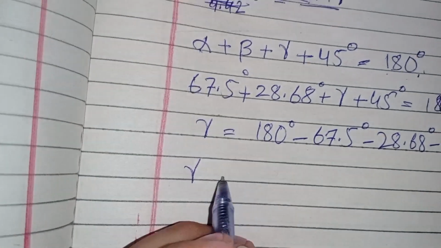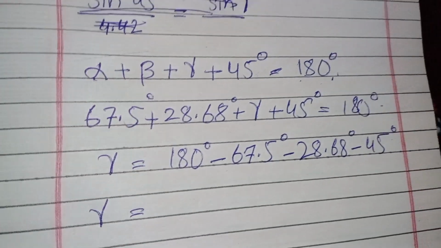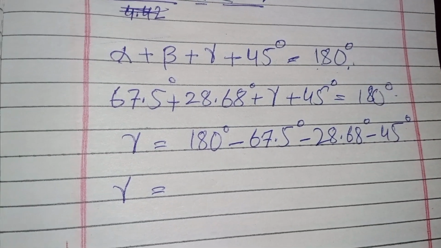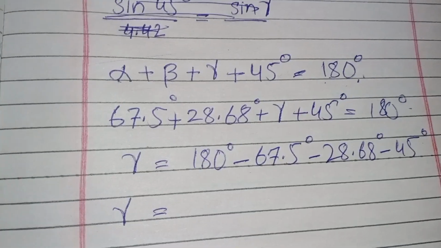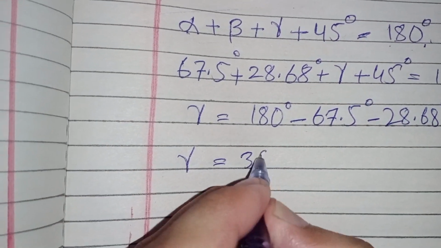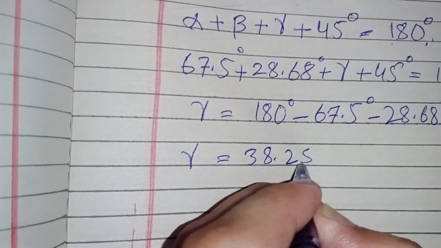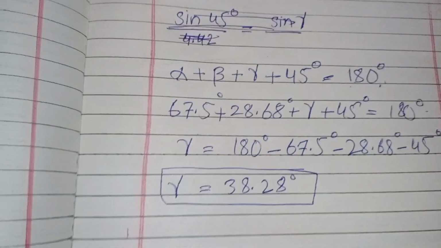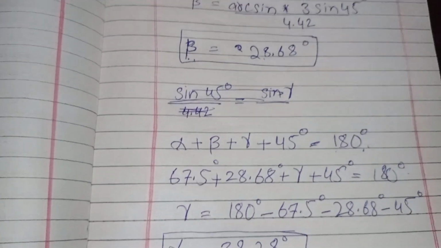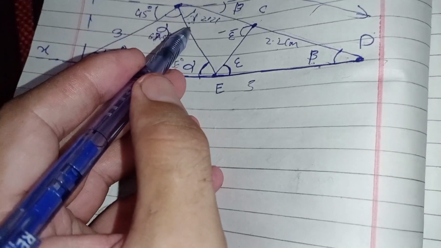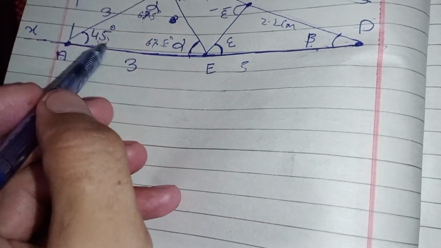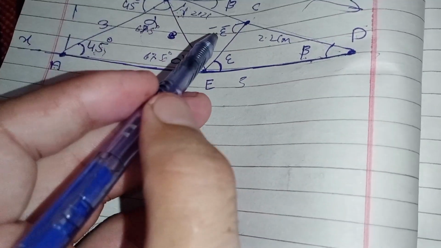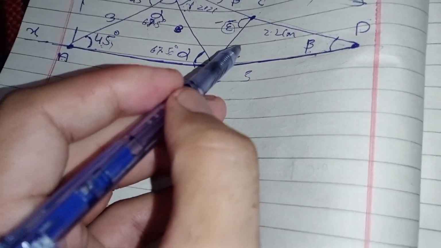So when you sum up all these angles, gamma comes out 38.28 degree. So we found gamma, beta and alpha. We found all these angles, but only angle Z remains.